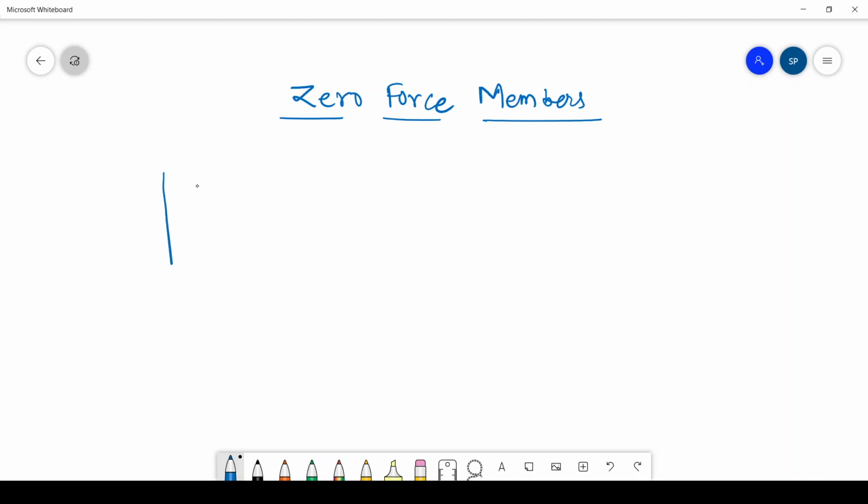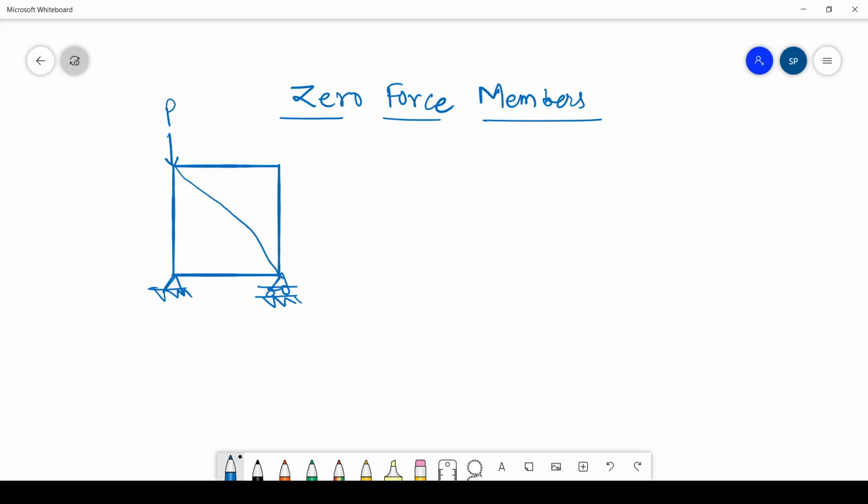For example, if you see this truss, this is a simply supported roof truss subjected to some load, say P. When this roof truss is to be analyzed, as it has only 4-5 members, it will not take much time.